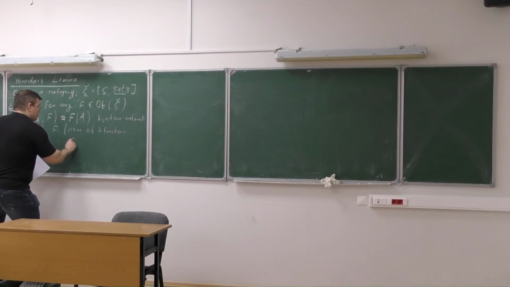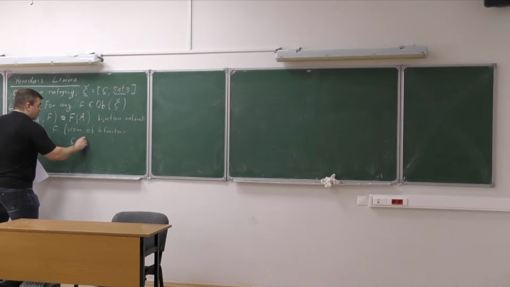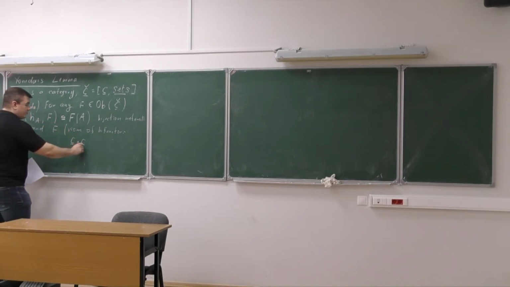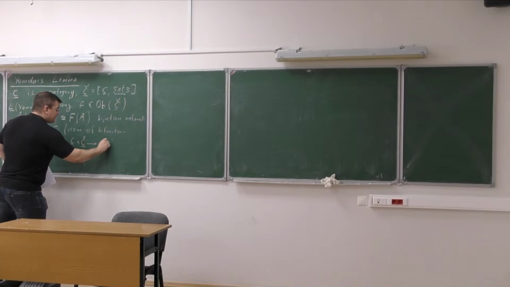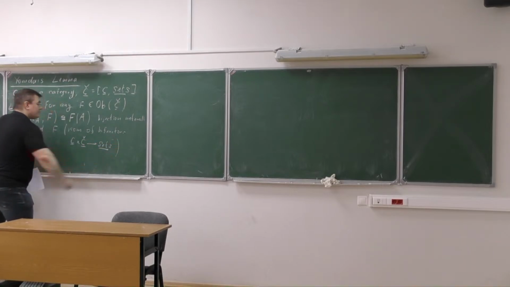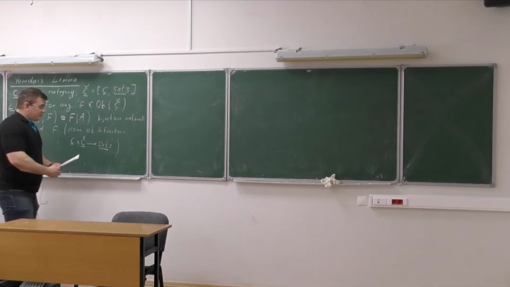So from the category, when you choose an object A, this will be from the category C, and when you choose functor F, this will be in the category C with a check to the sets. Okay, so this is the statement. Well, what it means to be natural in A and F, we're going to see in the proof. So it will be some two commutative diagrams.